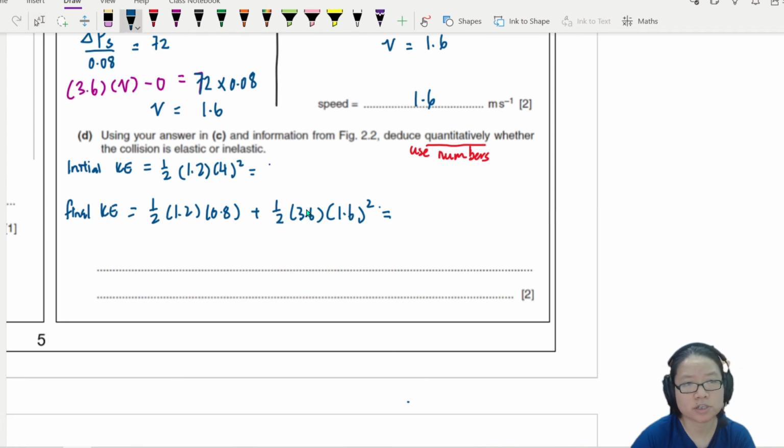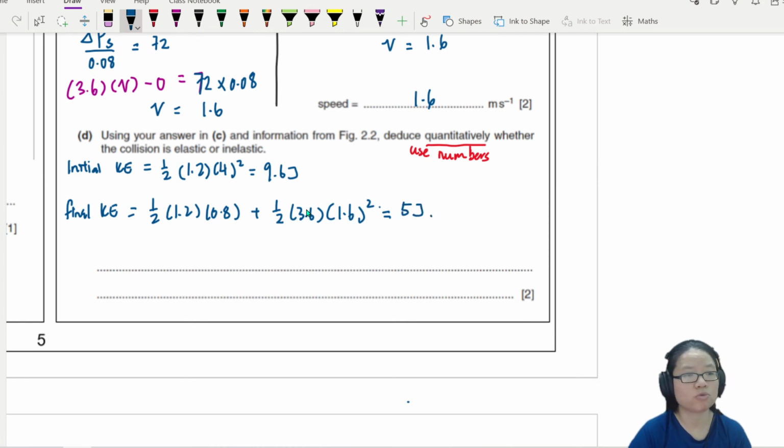This is 9.6 joule. Then I repeat the same calculation after collision. The 1.2 kg ball, or ball B, is now traveling at 0.8 meter per second. And then the 3.6 kg ball S is now traveling at 1.6 meter per second. This is 4.99 joule. This is about 5 joule.